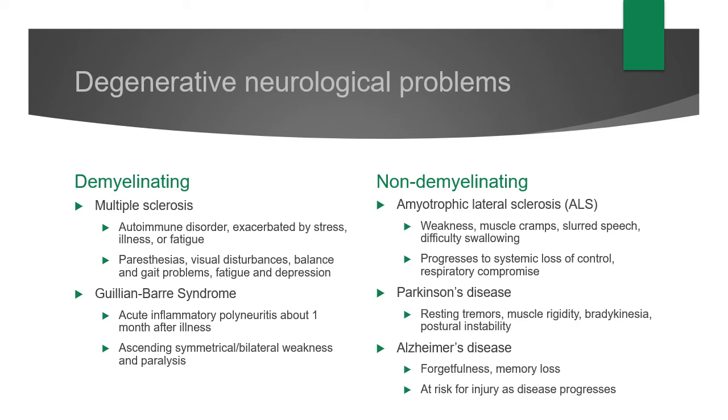Guillain-Barré is an acute inflammatory demyelinating polyneuritis, and usually we see this about 1 month after a respiratory or GI infection. This usually is viral in nature, and it presents as acute symmetrical lower extremity weakness that progresses in an ascending manner. Recovery then is in the reverse order.